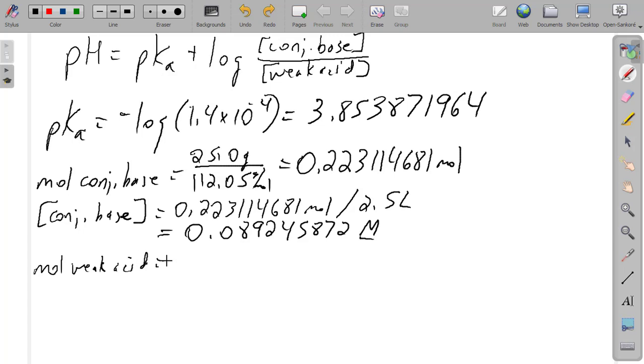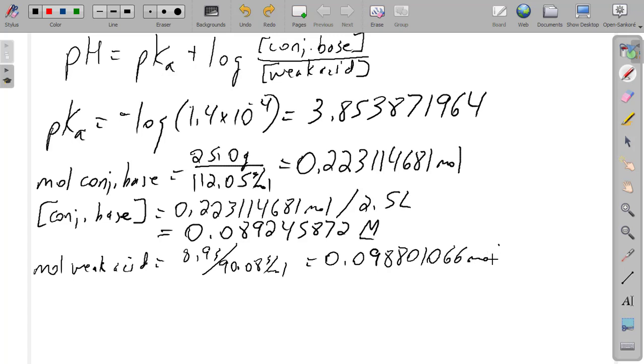All right, moles of weak acid: we were told that we have 8.9 grams over its molar mass of 90.08 grams per mole. So grams cancels, and that gives us 0.098801066 moles. And of course it's in 2.5 liters, so we take that divided by the 2.5 liters again.